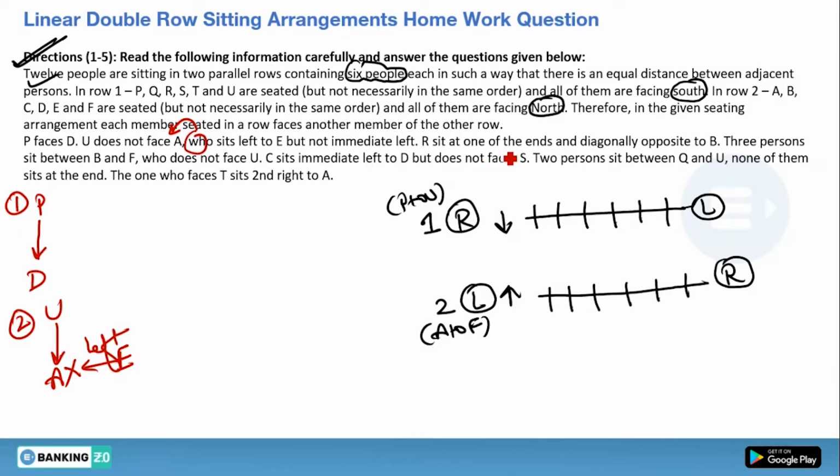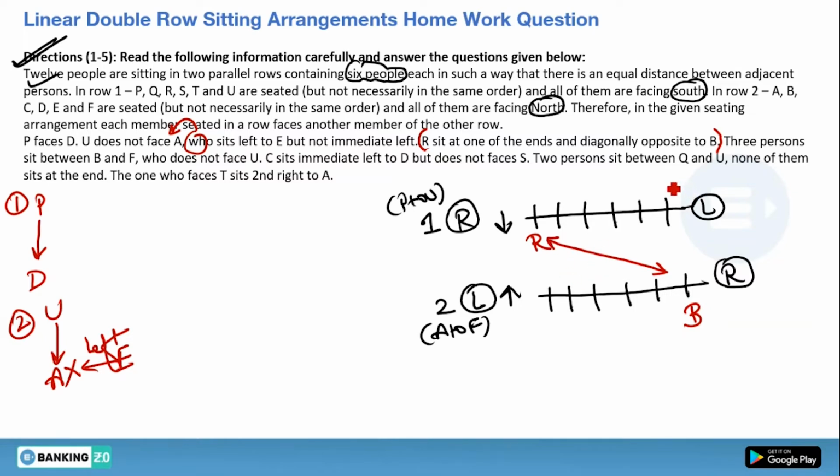R sits at one of the ends and diagonally opposite to B. This line is very important because here we get the confirmed places of R and B, so we can put these hints in our puzzle. Let us suppose R is at the right end of the south facing row, and B will come to the other end of the north facing row, at the left end, because only then will R and B be diagonally opposite.